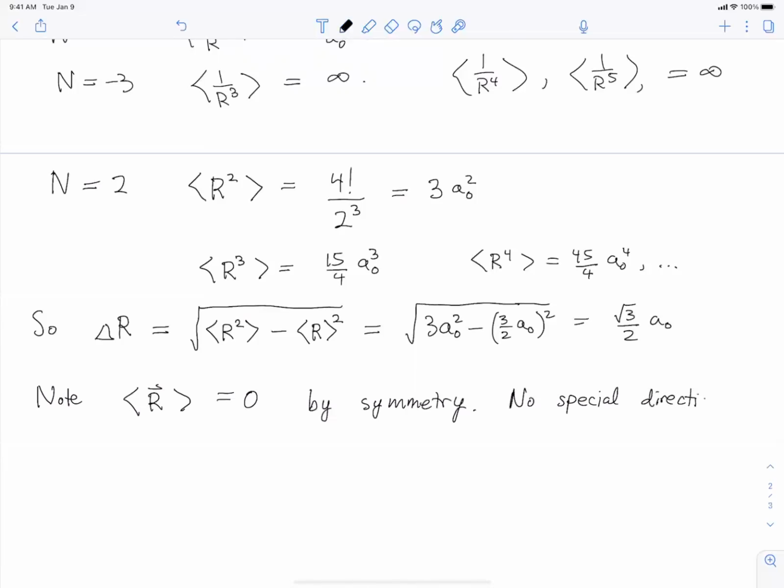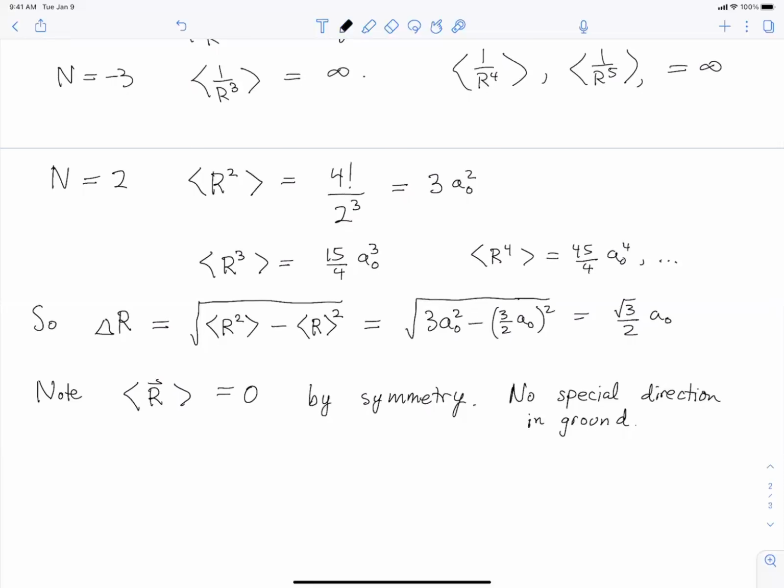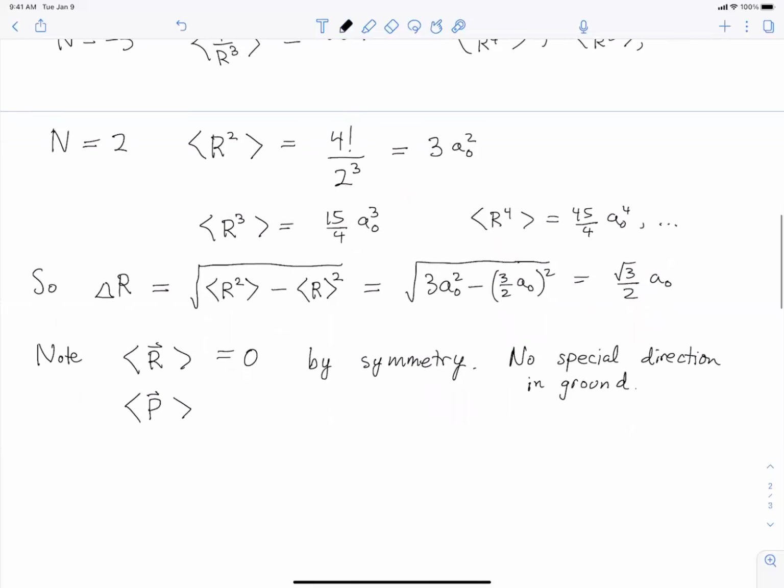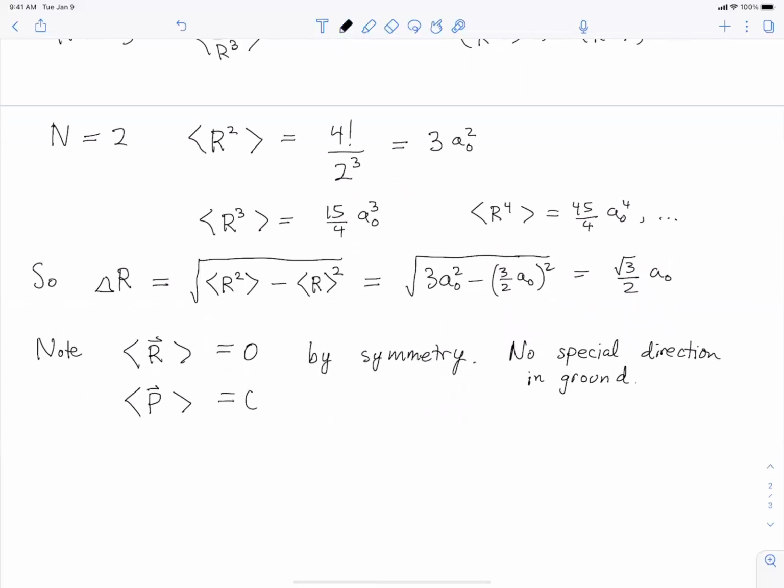And so if we were to compute this expectation value of this vector and it pointed in some direction because it was non-zero, then I could ask you, why doesn't it point in some other direction that's equally as good? And the only way that can be reconciled is if it's 0. And similarly, that's true of any vector expectation value in the ground state. So for example, the expectation value of momentum vector, we really don't have to do a calculation. We just notice that there's no special direction. So this has to be 0 as well, by the symmetry argument.